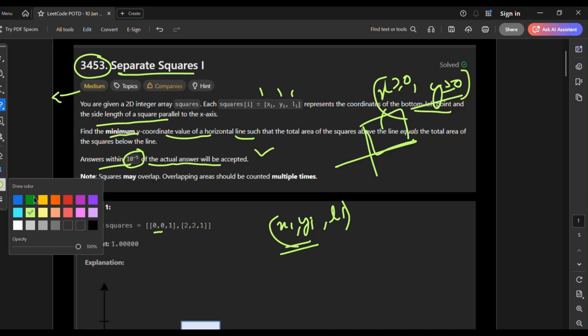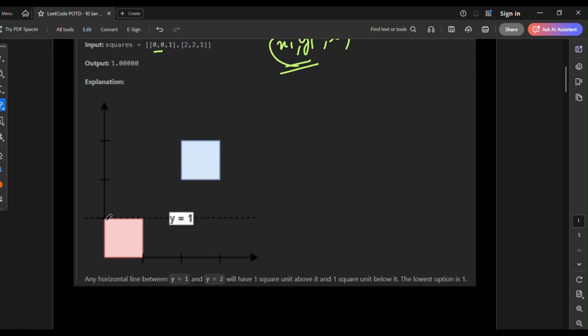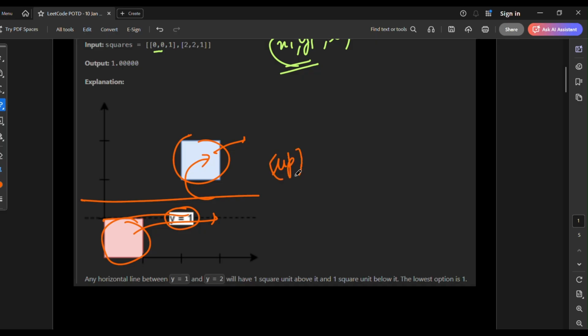Let's move to the next important information. Let's say there is a line that I am drawing, y equals 1. The squares above it have some area, and the squares below it have some area. Let me write this area as upward and this area as downward.